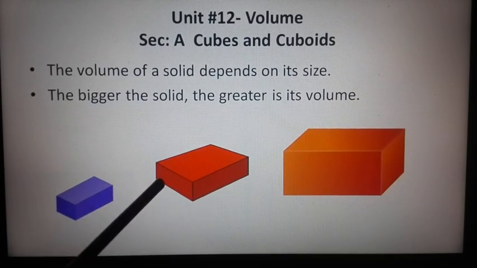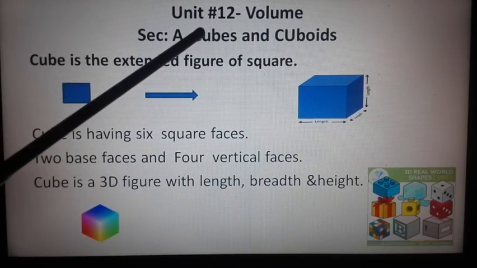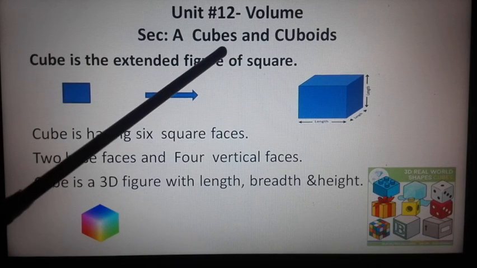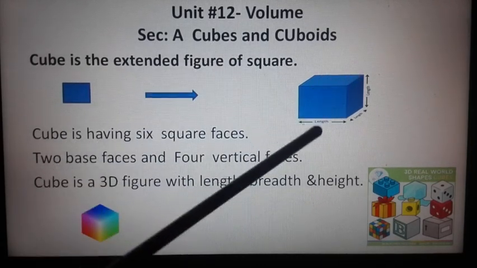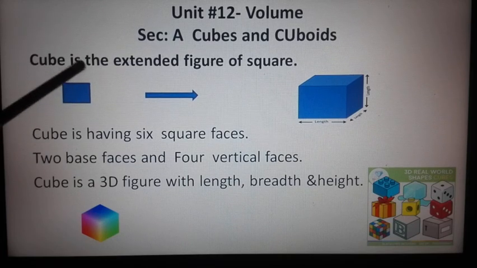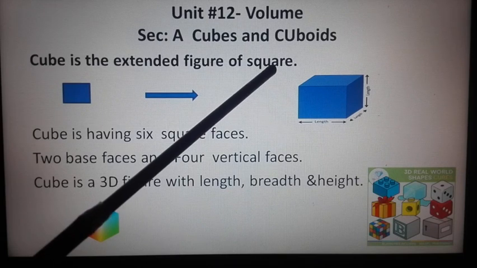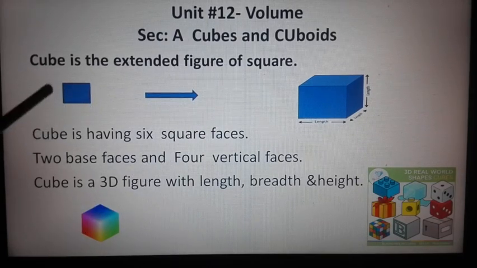Now we are moving to know more about cubes. I told you already that you know about cubes and cuboids, but here we are going to explain it more. A cube is the extended figure of a square. A square, as you already know, has all four sides equal.